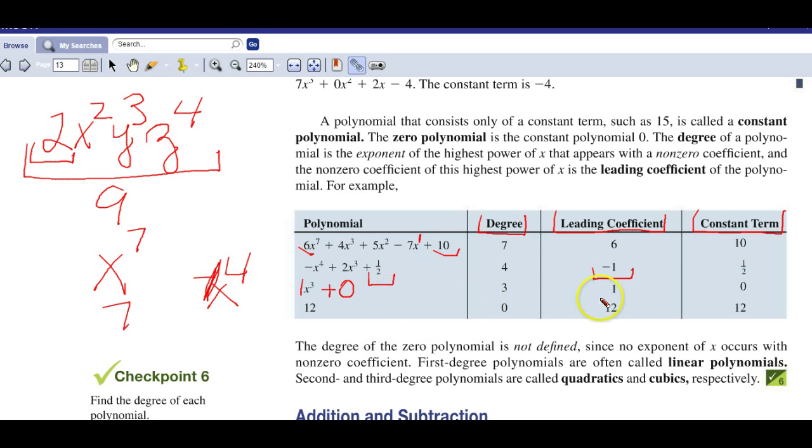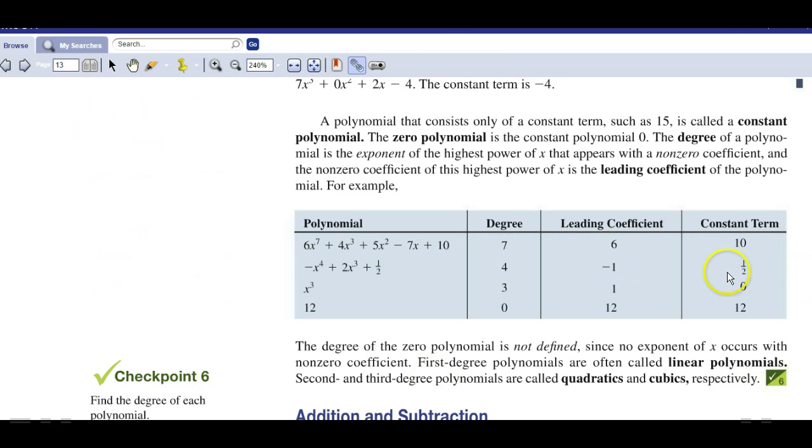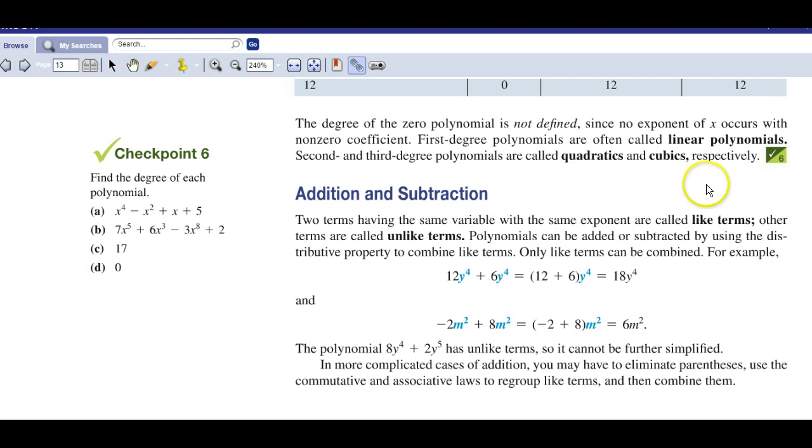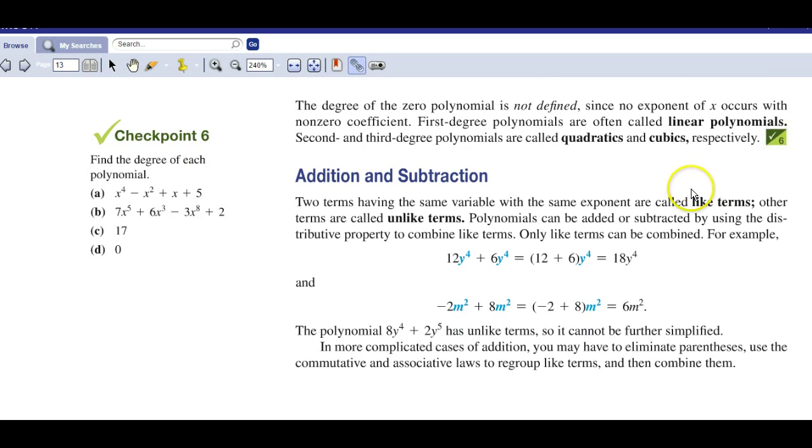Okay. Now they're taking you into the skill of adding and subtracting polynomials. The key to this is which are the like terms, and those are the ones you can add. If they're not like terms, you cannot add or subtract them. So what are they talking about?